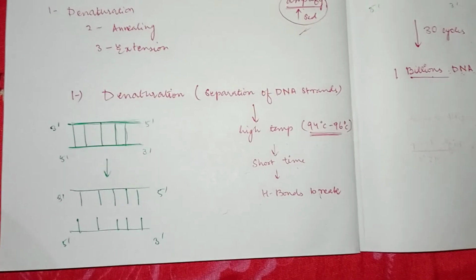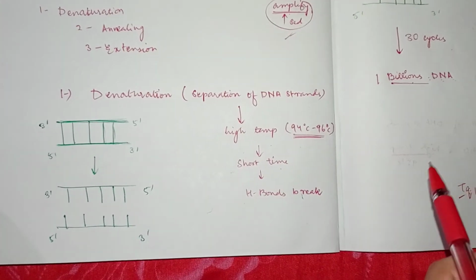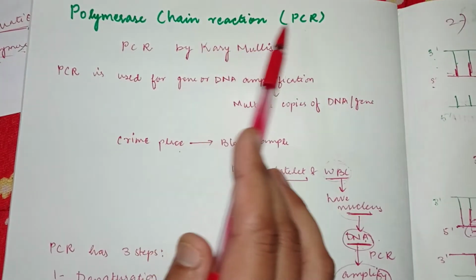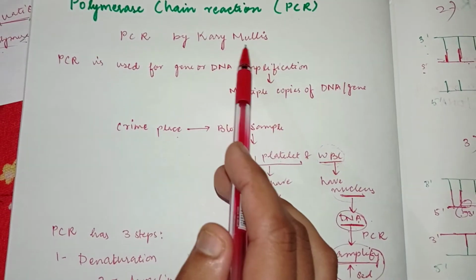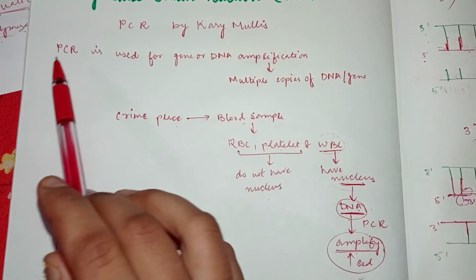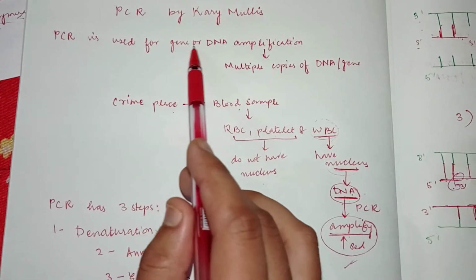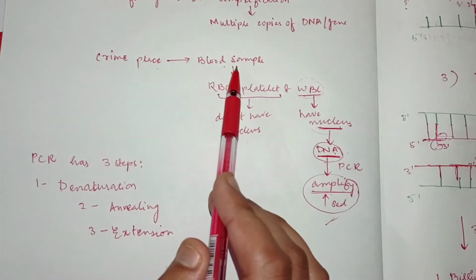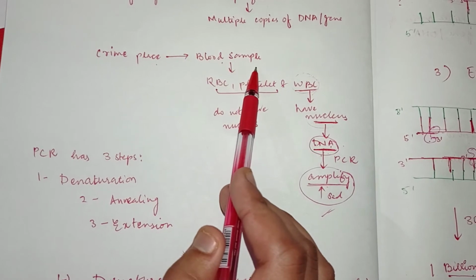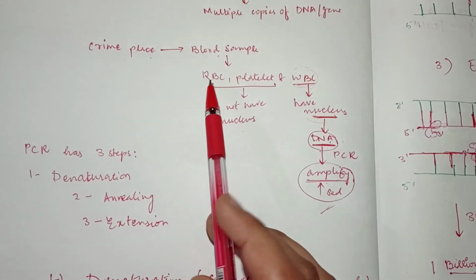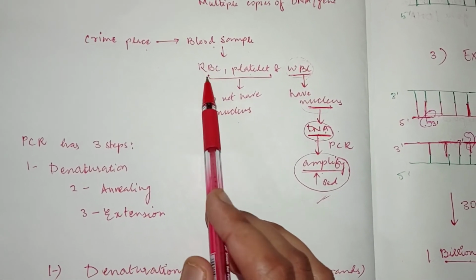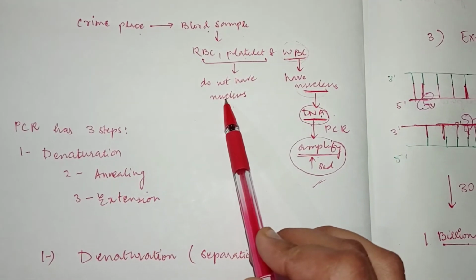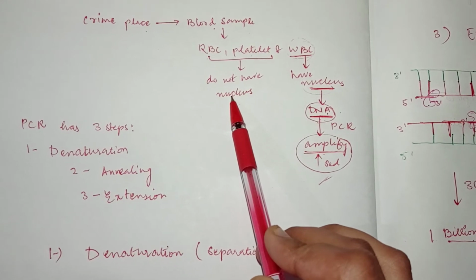So let's once again repeat this polymerase chain reaction. This technique was given by Kary Mullis, and polymerase chain reaction is used for gene or DNA amplification. Suppose at a crime place, you get a blood sample in very small quantity, having RBC, platelets and WBC. RBC and platelets do not have a nucleus, so they do not have DNA.